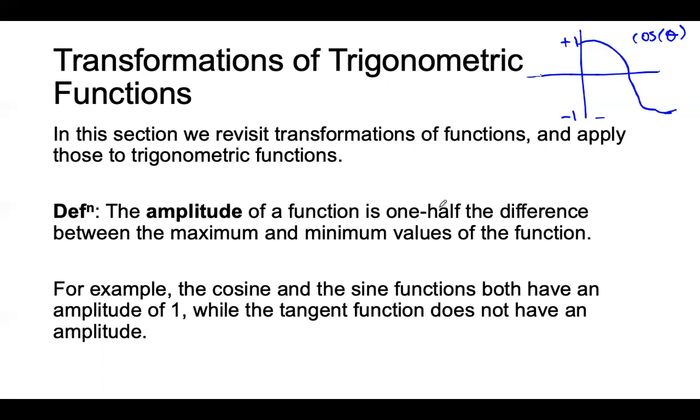So that would be like 1/2. Or I also think of it as from the 0 point to this point. This is also called the amplitude. So from that 0 to that point.